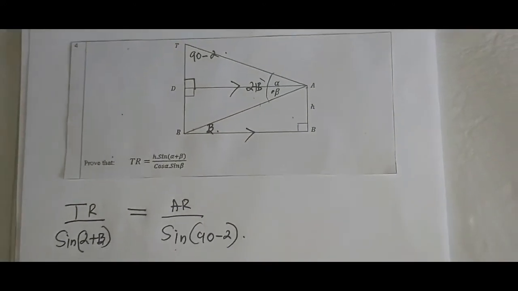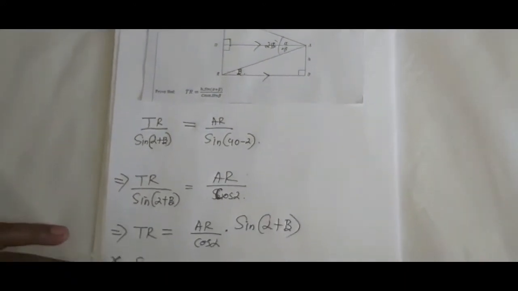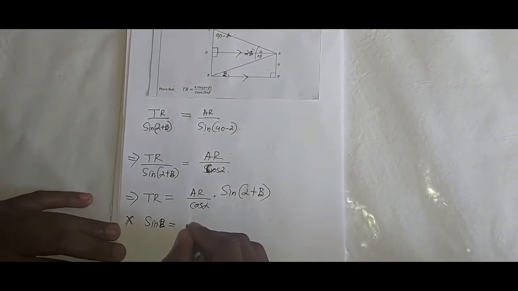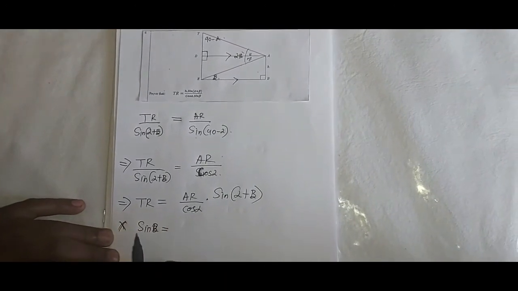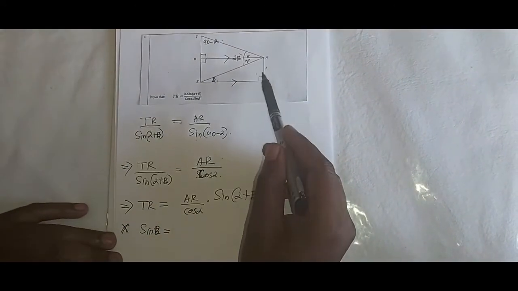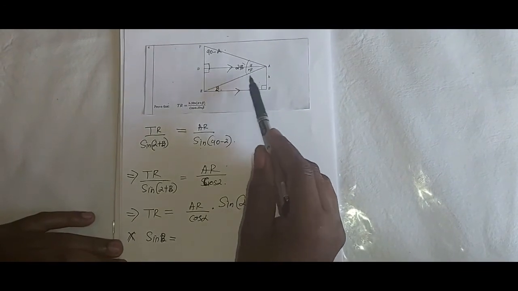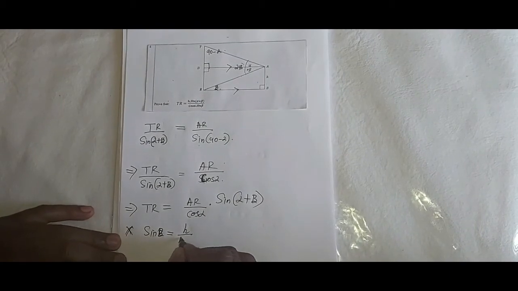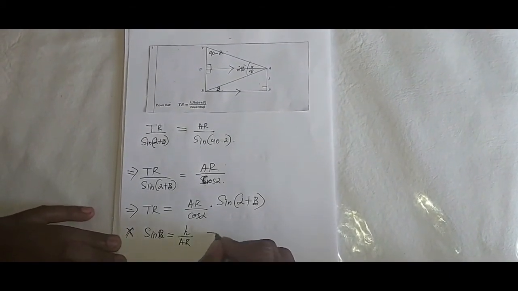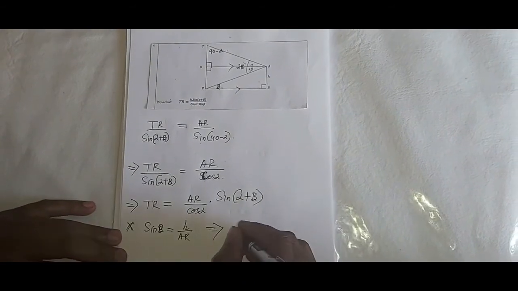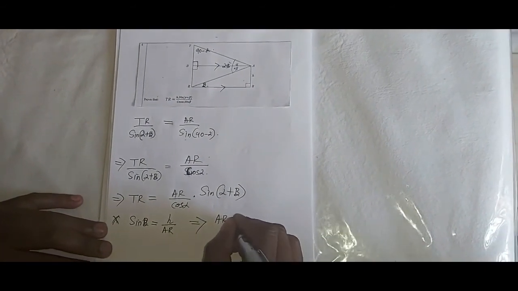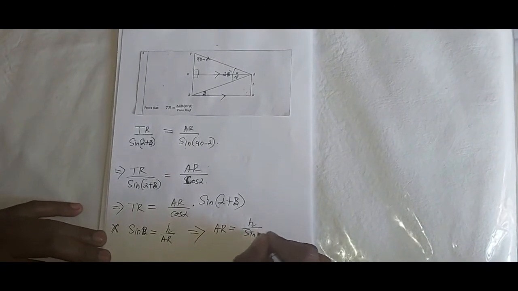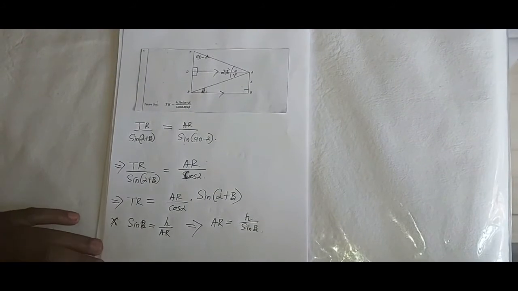So for me to find AR, I'm going to say sine of my angle there, which is angle beta, is equal to opposite over hypotenuse, and my opposite is h over my hypotenuse, which is AR. Therefore, AR is equal to h over sine of beta.